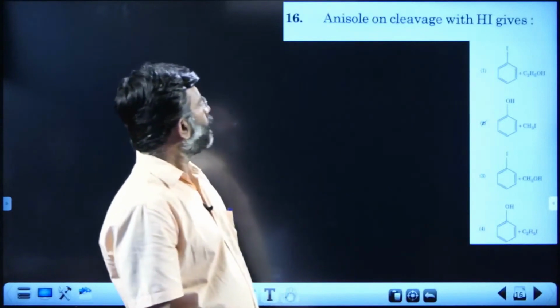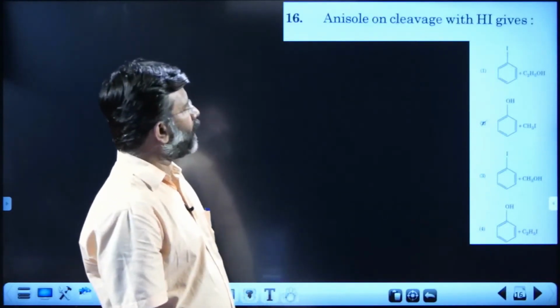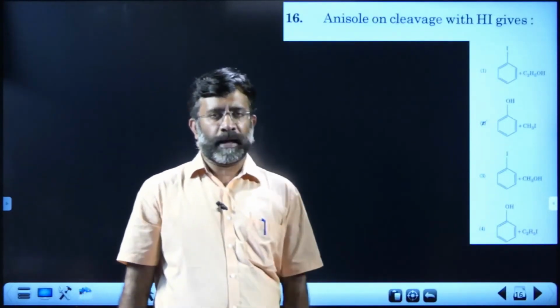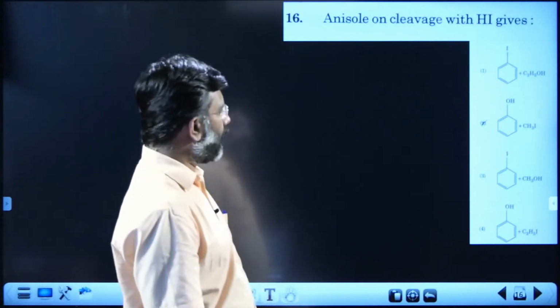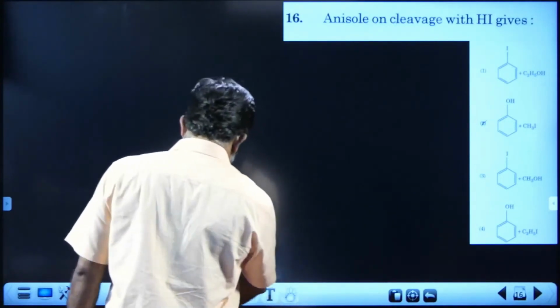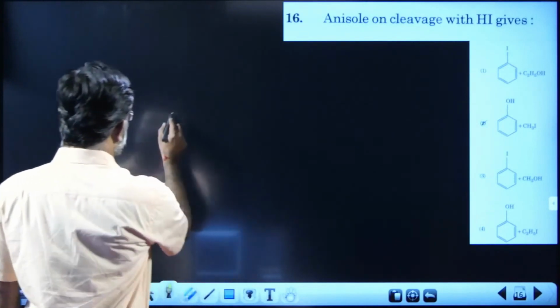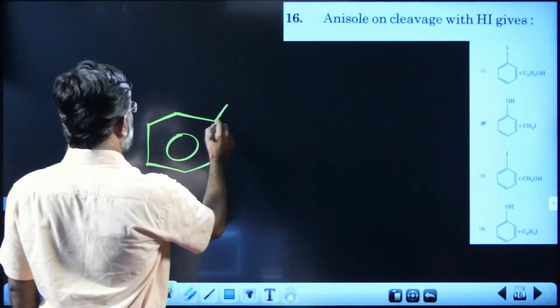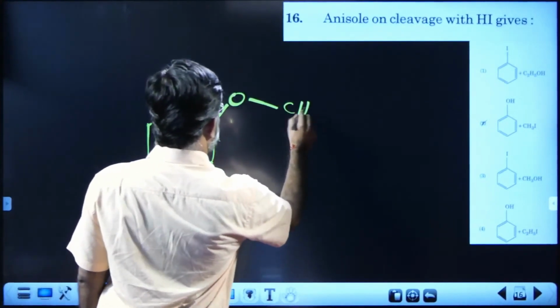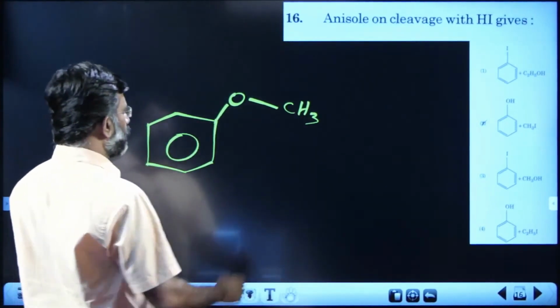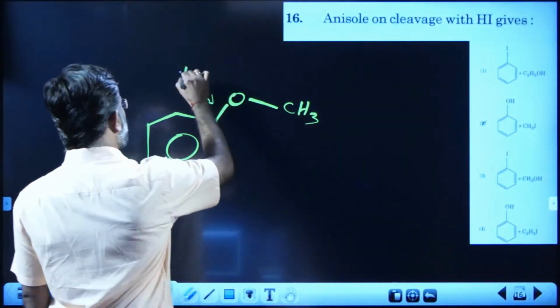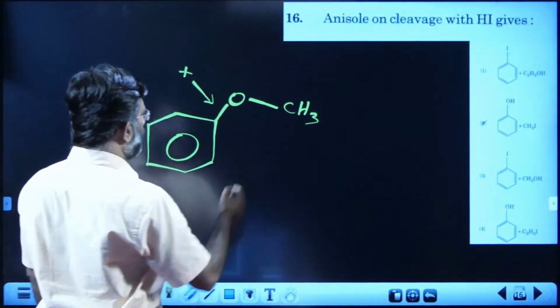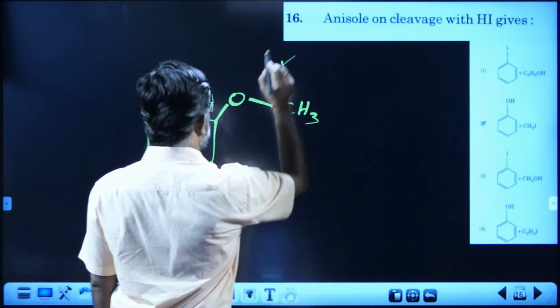Anisole on cleavage with HI gives? Elementary question only. This is anisole, and all of you know it is not going to break here as it has partial double bond character, and it is going to break here.